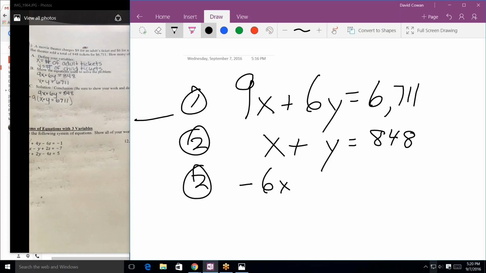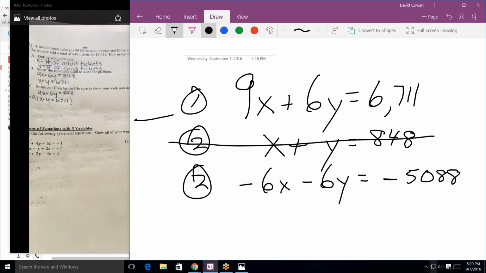So it'd be -6x minus 6y is equal to... You have your calculator? I do. Good. 848 times 6. So it'd be minus 5,088. Now, at this point, I always go through and cross that out.